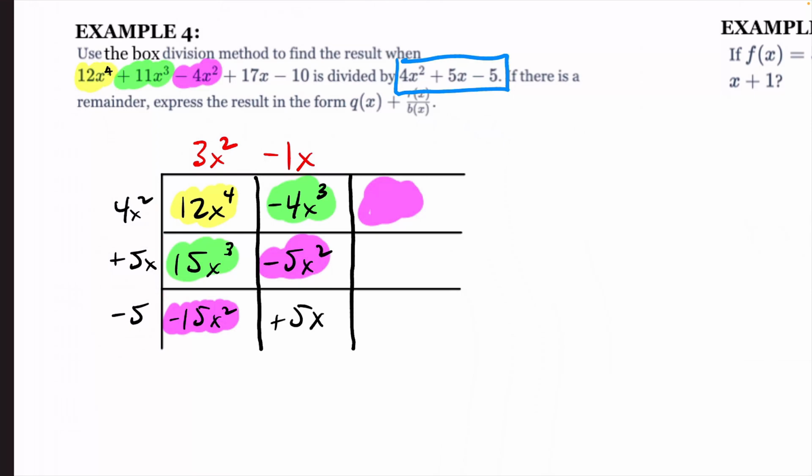Negative 15 plus negative 5 make negative 20. So negative 20 plus what makes negative 4? Positive 16, right? So let's put positive 16x squared.